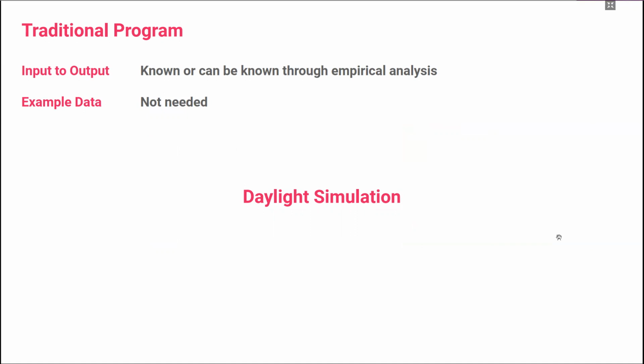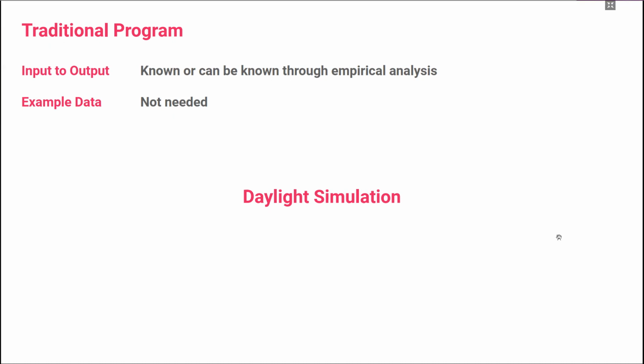This is an example of a traditional program because the complicated algorithms or the formulas that go behind daylight simulation have been understood or arrived at through empirical analysis of the observed data within buildings, which is why when we run a simulation of daylight, we don't need example data.